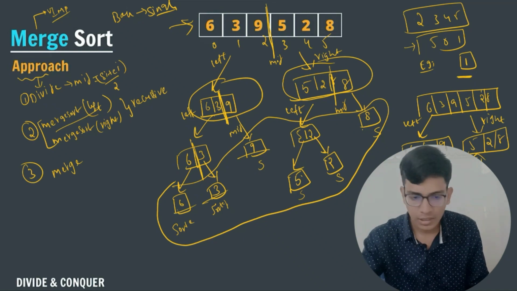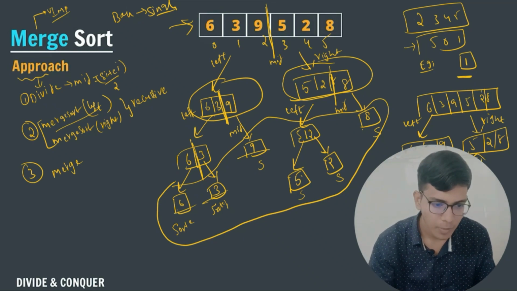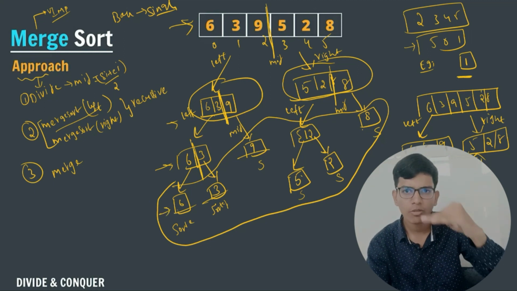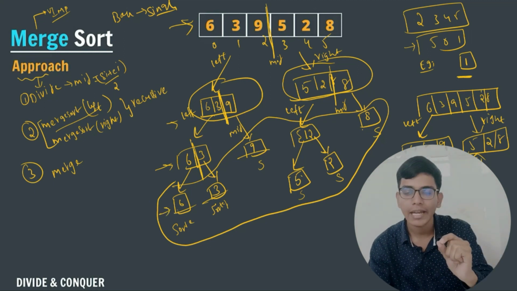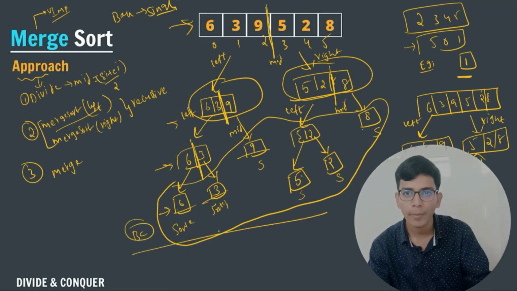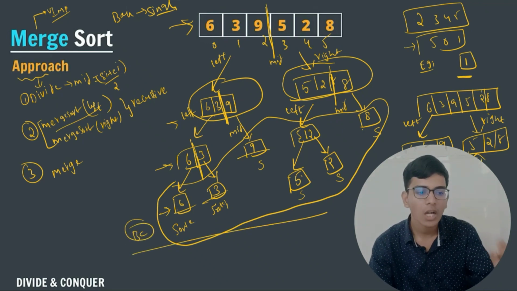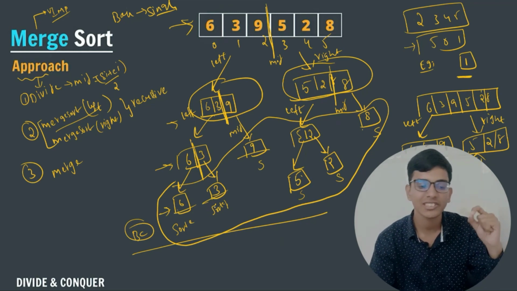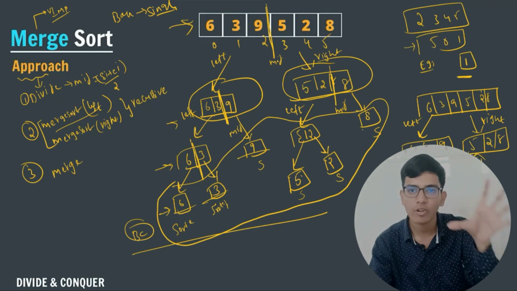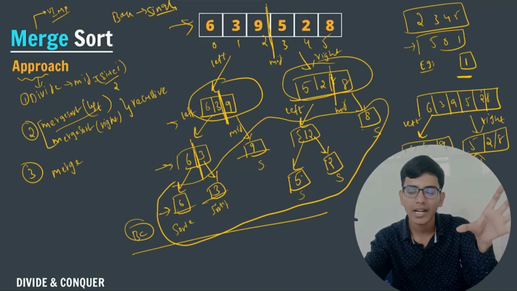So you can see this division: left part 6 3 9, after that 6 3, after that 6. This division will continue until I hit my base case. So this is my base case. When I hit my base case, I will call my merge sort left, and after that merge sort right. Merge sort left and right will sort the left part and then the right part of my given array.